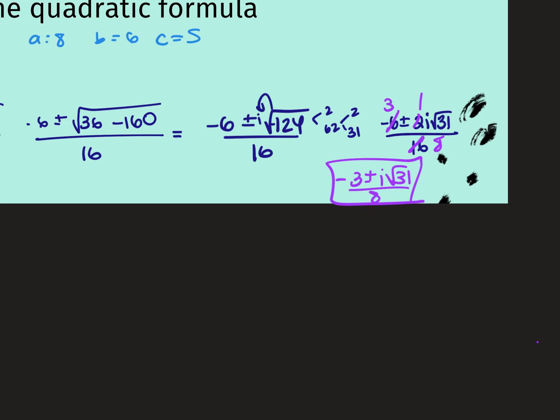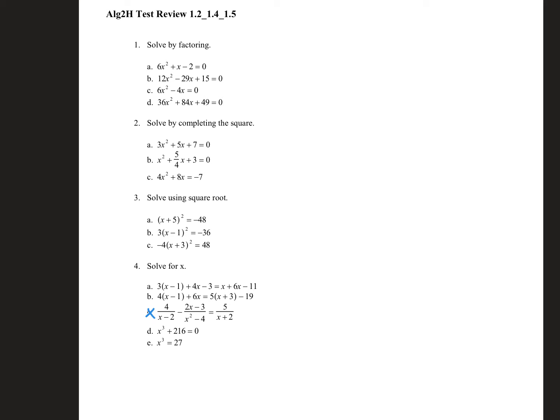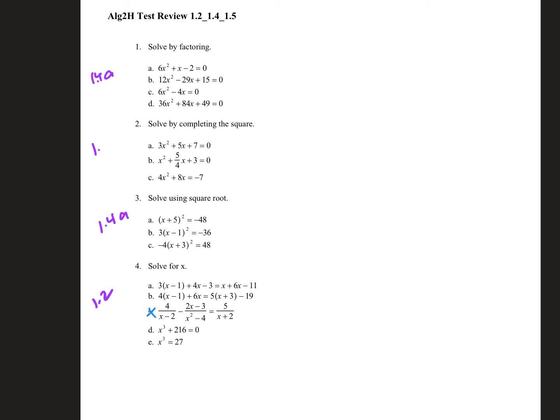All right, so if you look, this is chunked by the grouping of it. So solve by factoring, solve by completing the square, solve using square roots, and then just solve for x. So this was 1.2, this was 1.4a, actually that's a lie because they're rational, right? 1.4b.